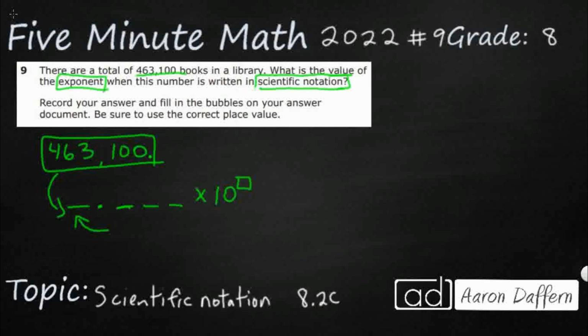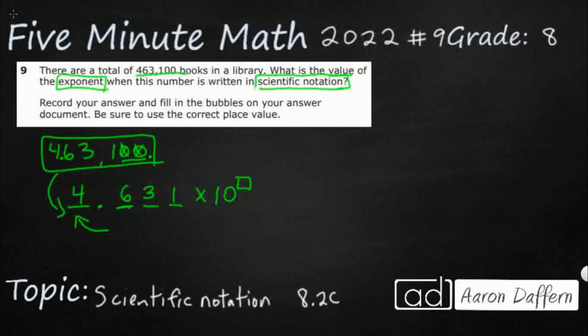So first, let's look to see what we would do if we wanted to make this a decimal that has only one whole number. Well, we'd put it right there between the 4 and the 6. And so we would go 4.631, and we're dropping off zeros, because that's the whole point of scientific notation, you want to drop off zeros. But how do we get from our original number to that 4.631?